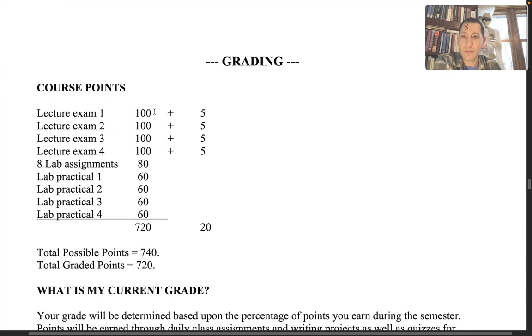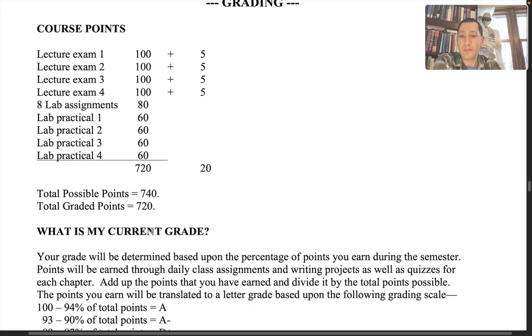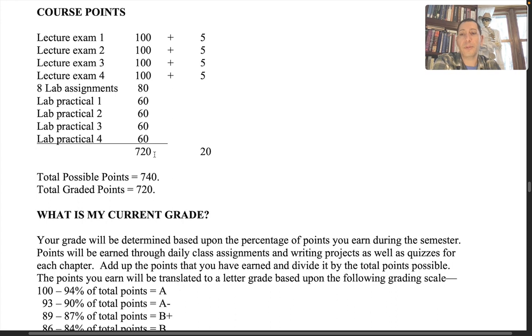Grading: you get 100 points apiece for lecture exams, plus another 5 points apiece. 10 points for your lab assignments, 8 lab assignments, 80 points total. 20 questions each for each lab practical, 60 points total, for a grand total of 720.